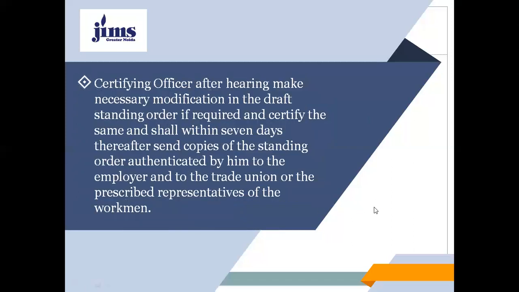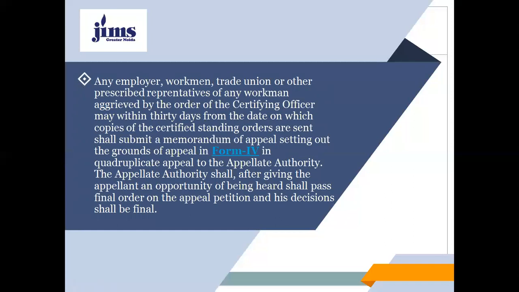And the certifying officer, after hearing, makes the necessary modifications in that draft, as we have already discussed. Then within 7 days, he will send copies of the standing orders authenticated by him to the employer and to the trade union or the prescribed representatives of the workmen.